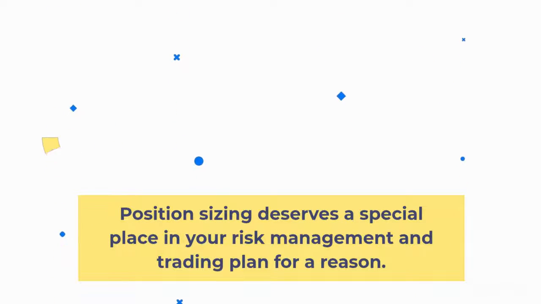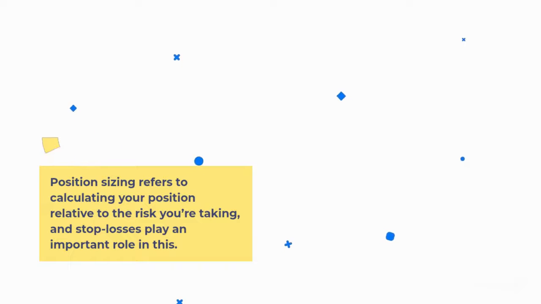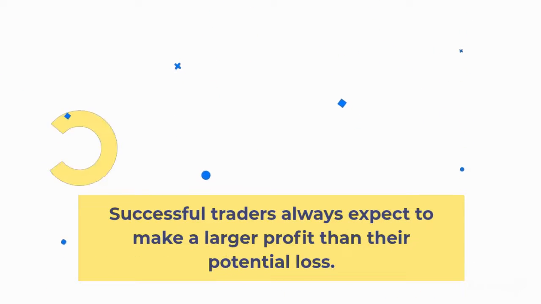Position sizing deserves a special place in your risk management and trading plan for a reason. Position sizing refers to calculating your position relative to the risk you're taking, and stop losses play an important role in this. Successful traders always expect to make a larger profit than their potential loss.